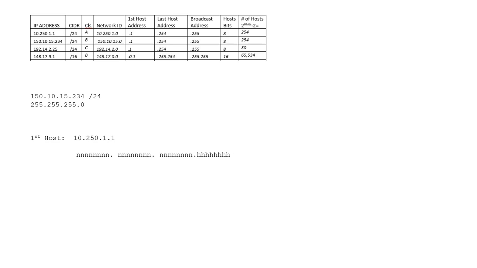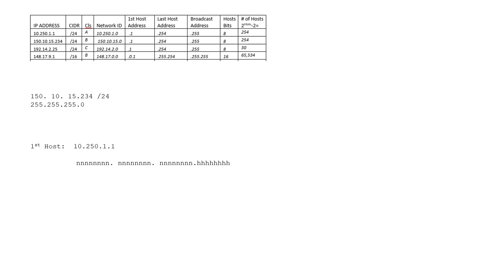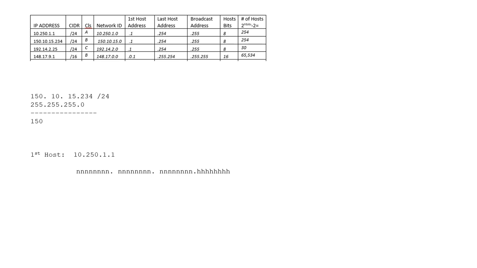If we line this up, you can see that the 255s help us identify our network portion, and the result is going to be 150.10.15.0. That is our network ID. Okay?